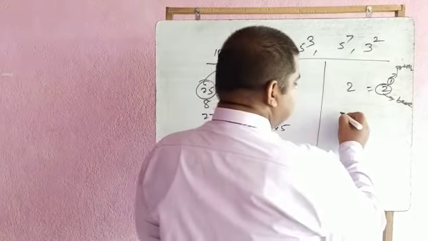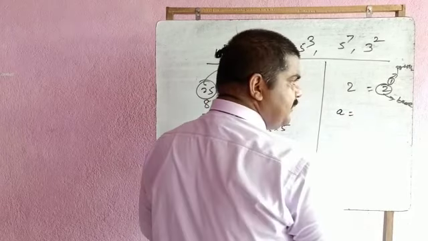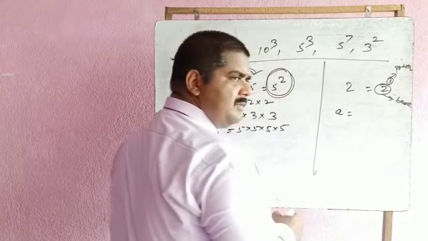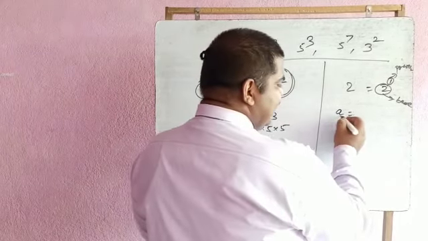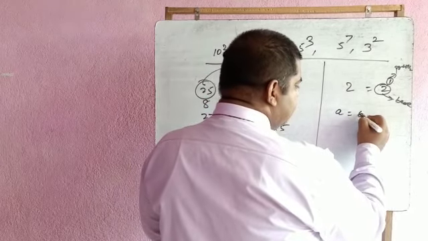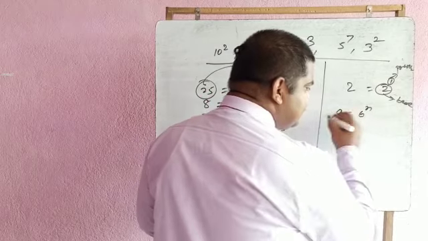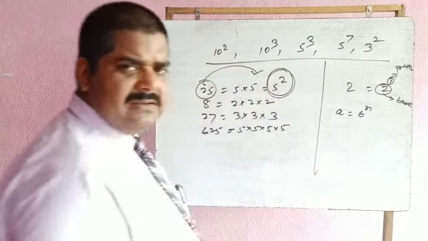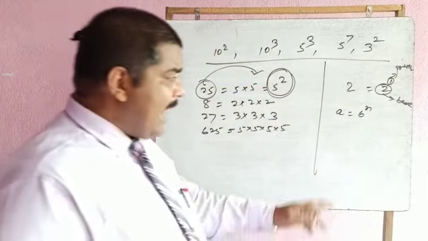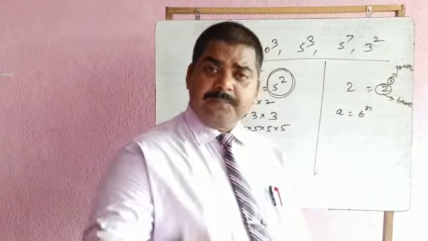Now the definition of exponential form: writing a number a in the form of b to the power n is known as the exponential form of a.